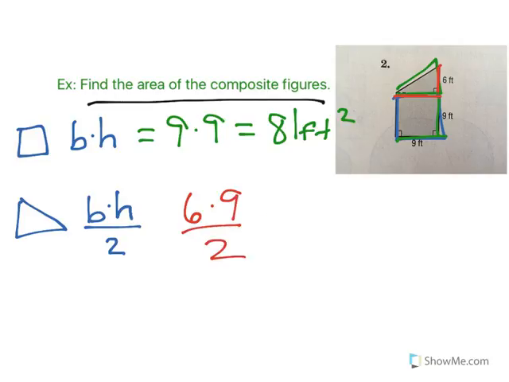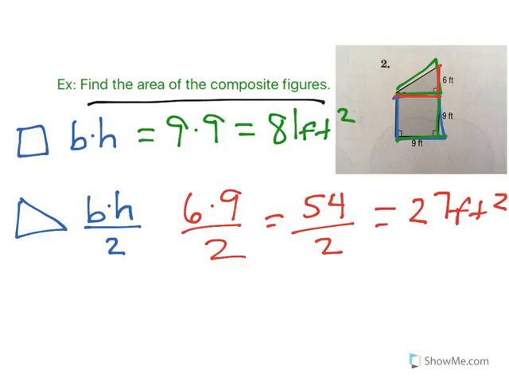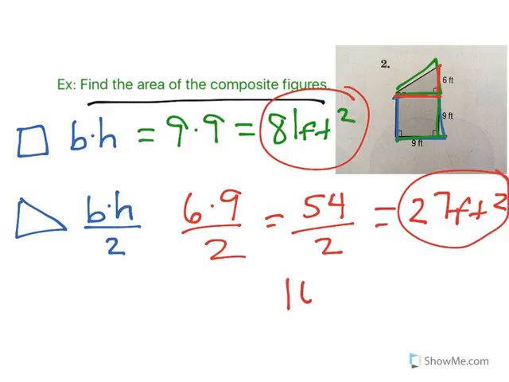So 9 times 6 is 54, divided by 2 is going to be 27 feet squared. Then I'm going to take my 81 feet squared and my 27 feet squared, add them up, and that's going to get me 108 feet to the second power.